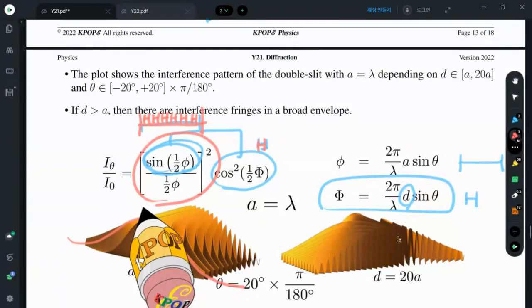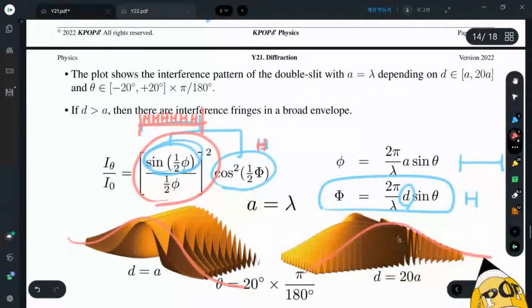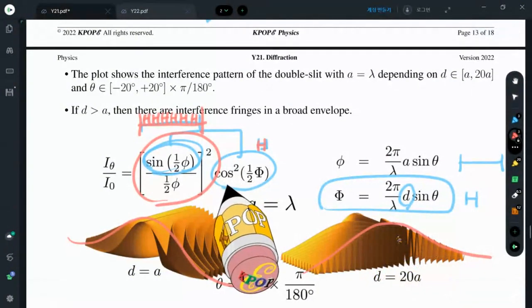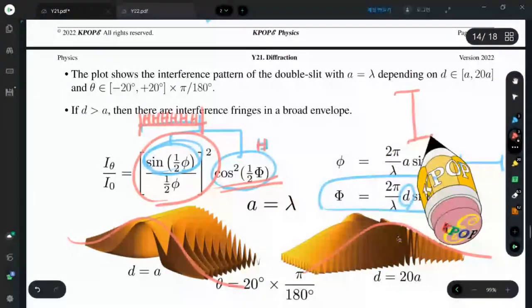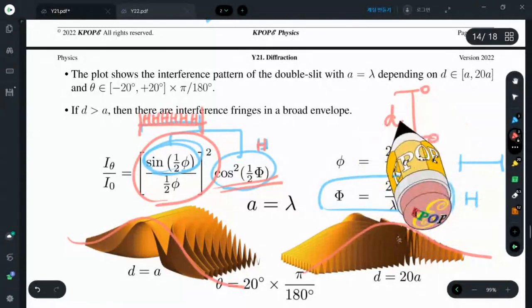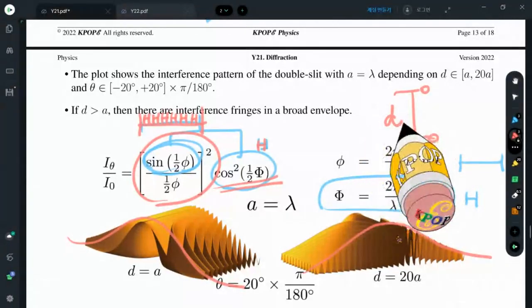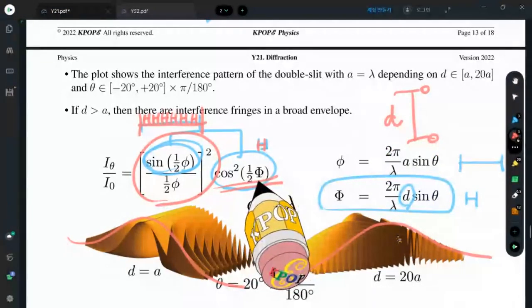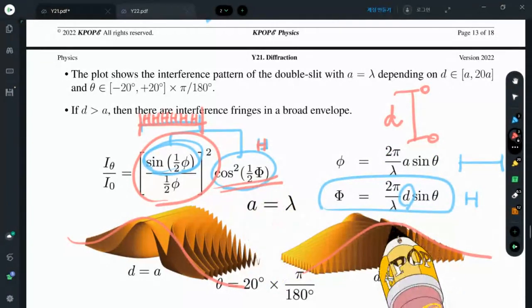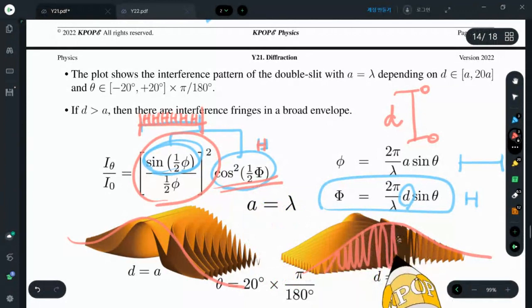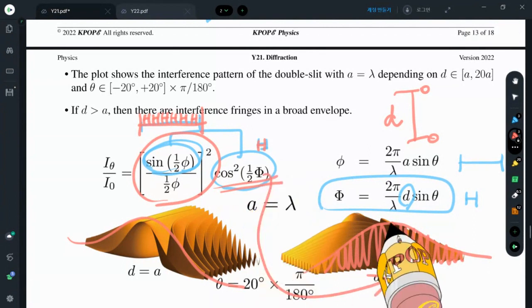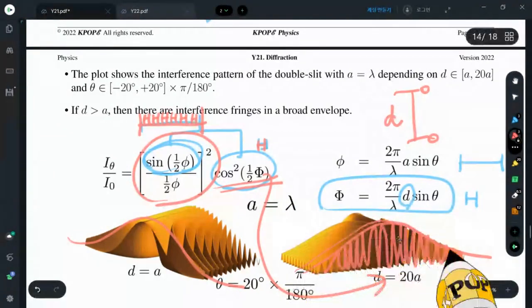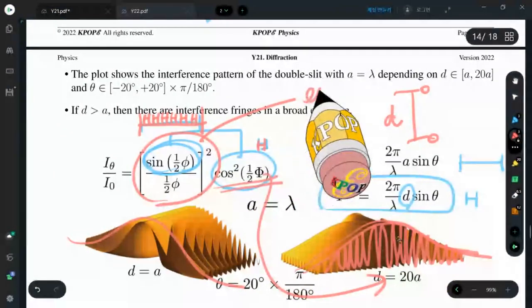In addition, inside a single slit distribution, you will find very tiny fringes due to the separation of the two apertures, this d. Because d is very large, the period of this is very small. Therefore, we have a very tiny oscillation due to this factor. We call this one the envelope.